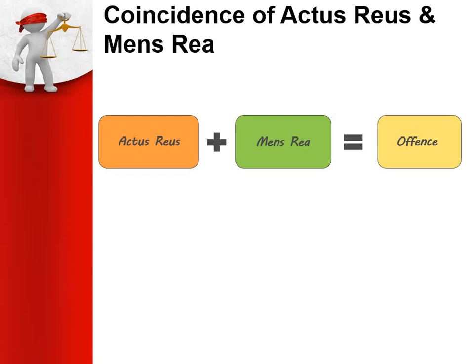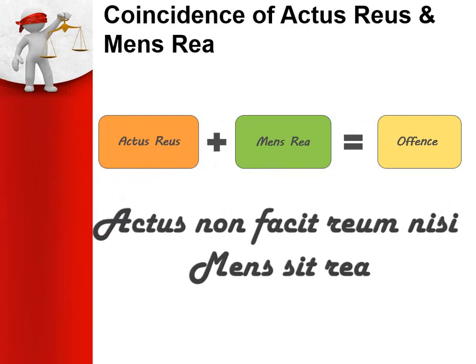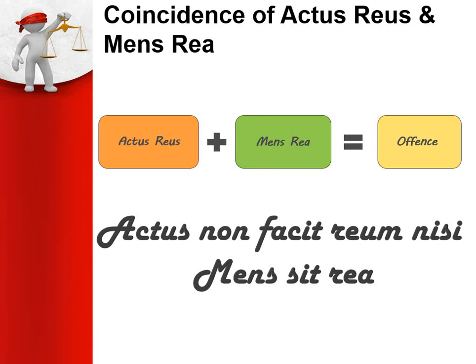Now, I would also like to bring to your attention a very famous Latin maxim, which is actus non facit reum nisi mens sit rea, which means that a defendant cannot be convicted unless he is blameworthy, meaning he cannot be convicted merely for committing the actus reus.